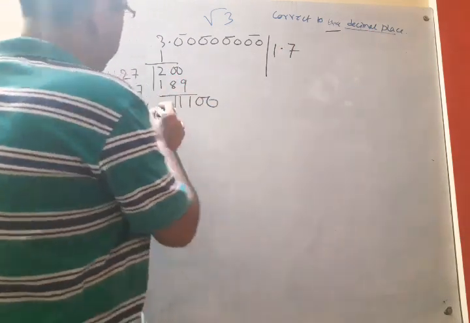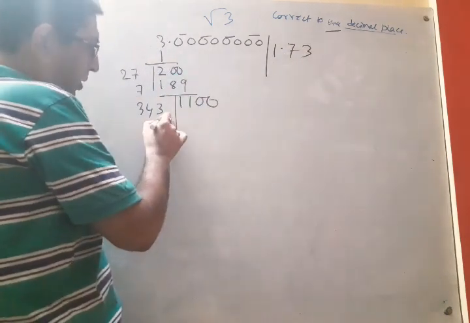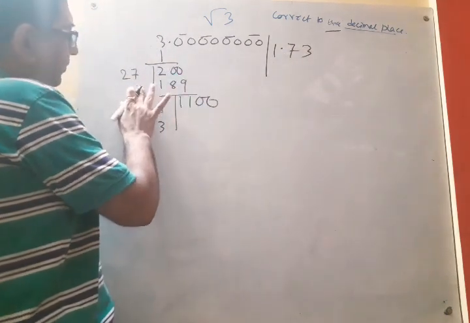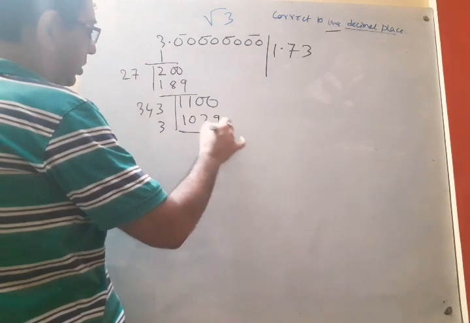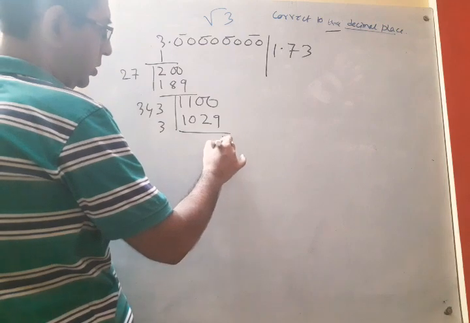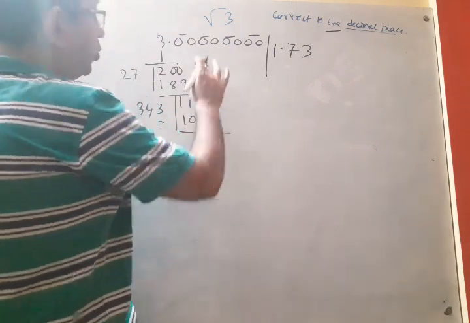Okay. This is 3. Right, here 3 multiply by 3. 3 3 is 9. 71, right? Now 2 zeros already come.